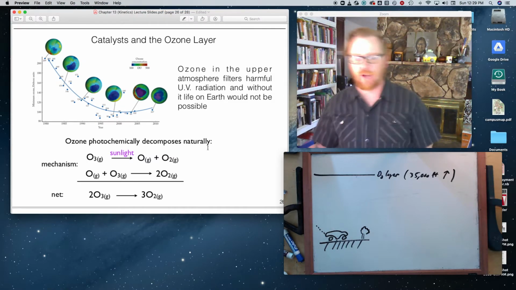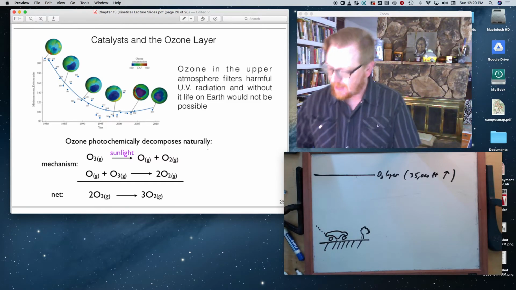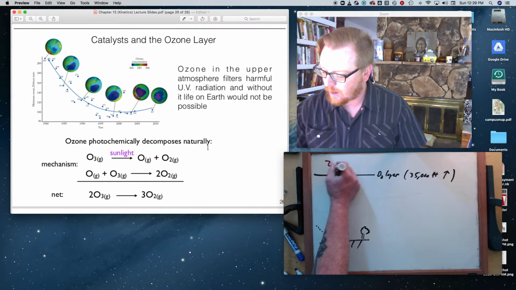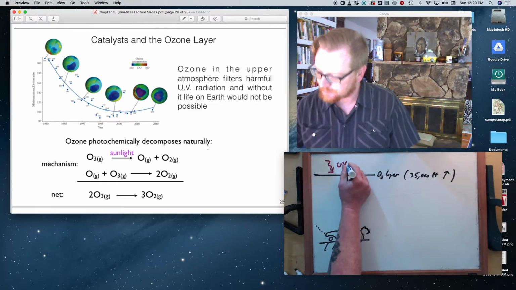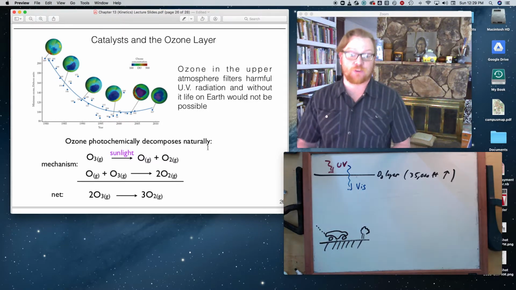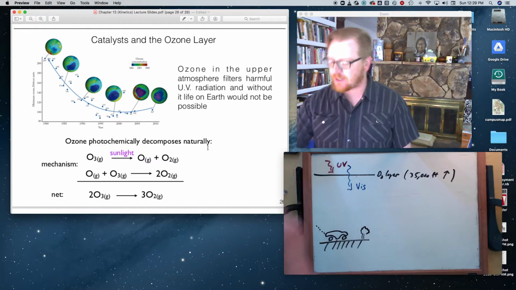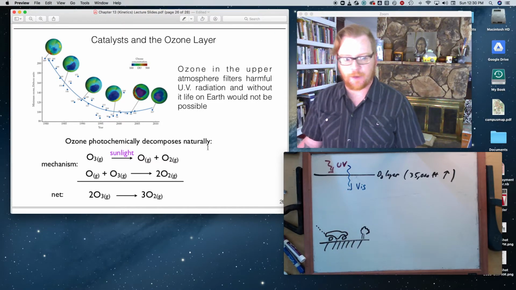Not where we breathe. So we want this ozone layer because it filters out harmful UV radiation, but allows visible radiation to pass through. So that's a good thing. So we'd have a lot of harmful UV radiation if it wasn't for the ozone layer.